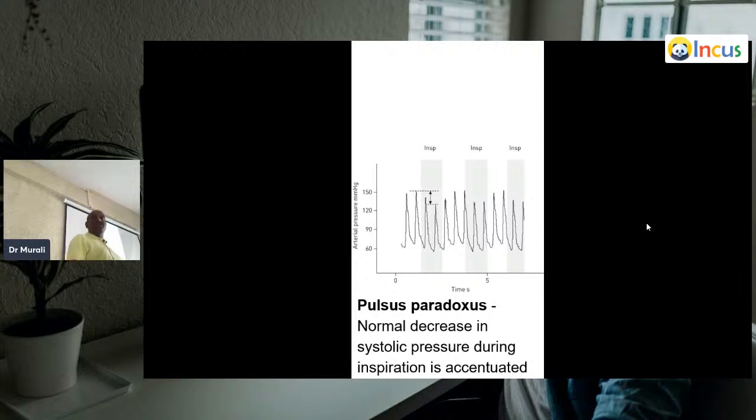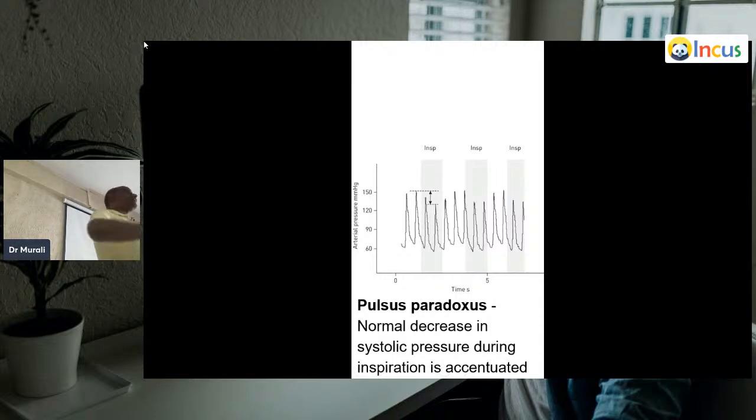Pulsus paradoxus, we see it in cardiac tamponade. Here's what you need to remember. Now the question is, why do you call it a paradox? Because it falls so much that the pulse is not palpable, but if you put a stethoscope, the heart is still beating.